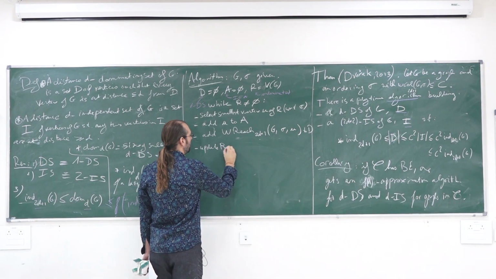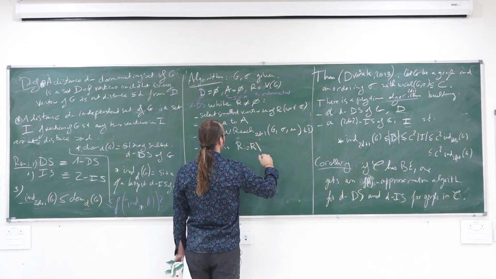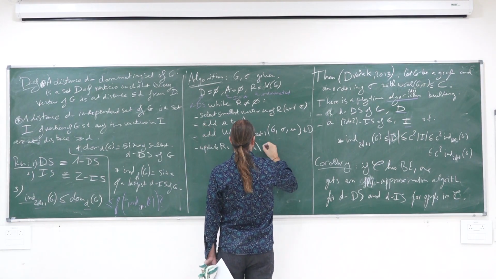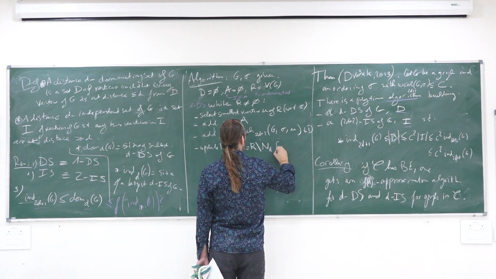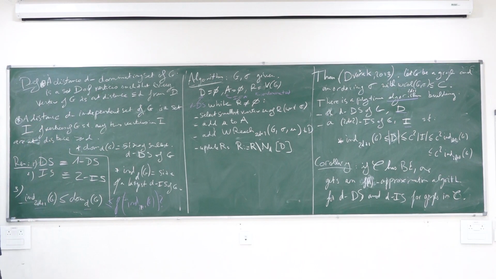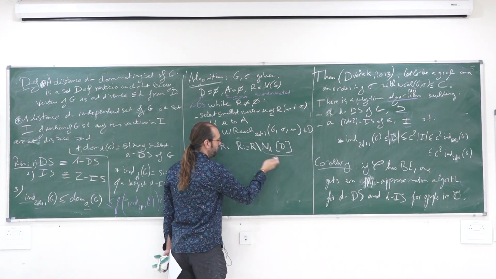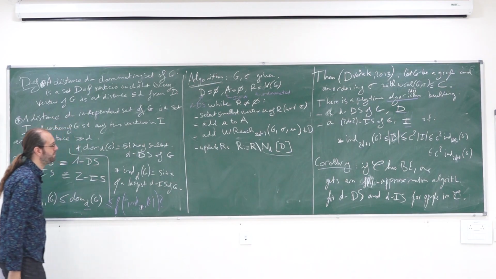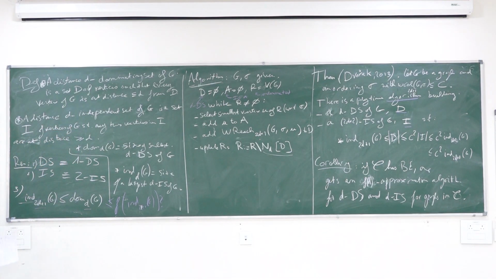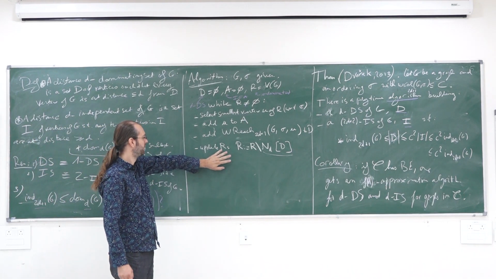Update R, that is, R becomes R minus everybody who has a distance at most D from some vertex inside capital D. So these are the dominating vertices. I remove them from my undominated vertices. So that is my first phase of the algorithm, which computes my dominating set like that.